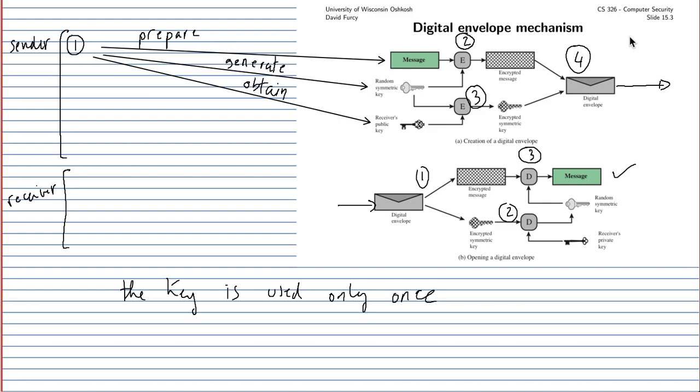And this is an application that's actually being used by a famous encryption program called PGP. PGP stands for Pretty Good Privacy. It's a well-known encryption application. It is in particular used for sending encrypted emails, and PGP does use the digital envelope mechanism for this application.